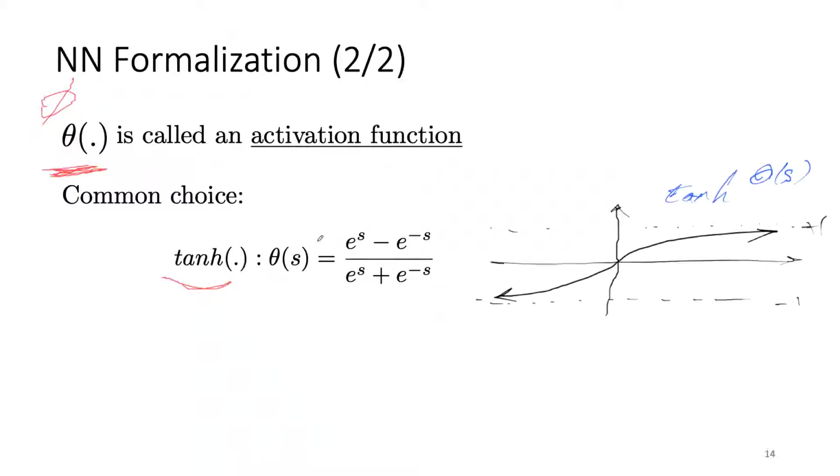Let's see how it looks. It spans x from minus infinity to plus infinity, but the output, the y on the vertical axis, is limiting towards +1 on the positive domain, and it's going to limit towards -1 in the negative domain. And this is what is called a hyperbolic tangent.